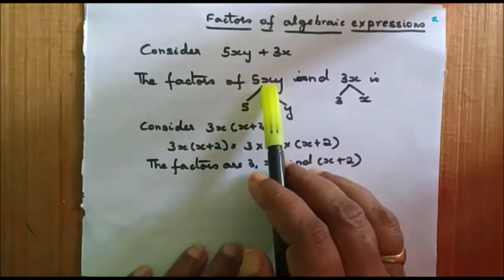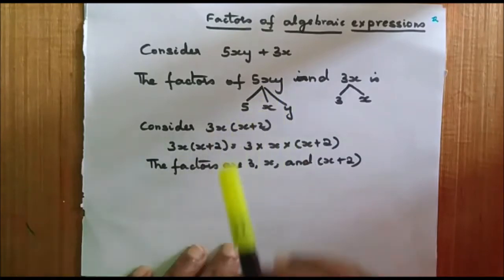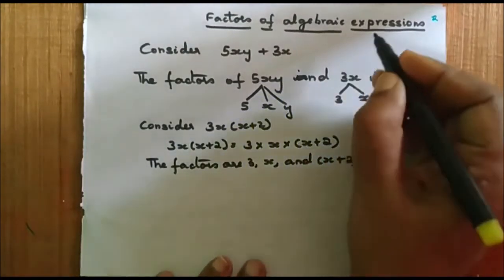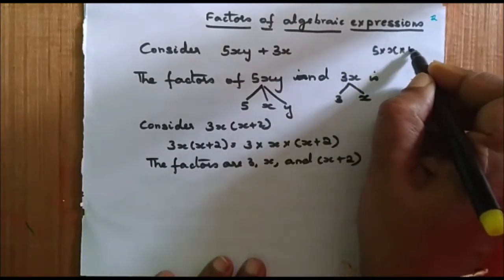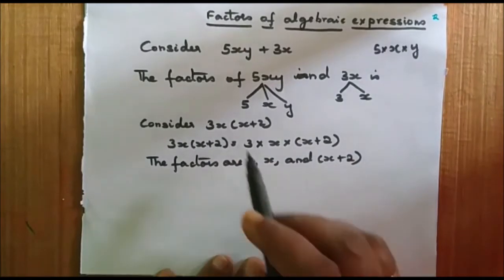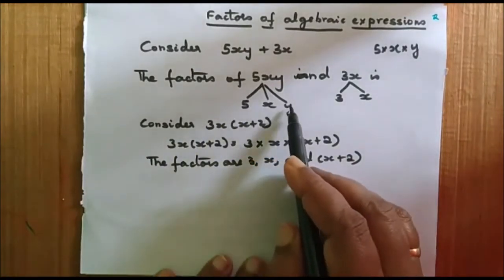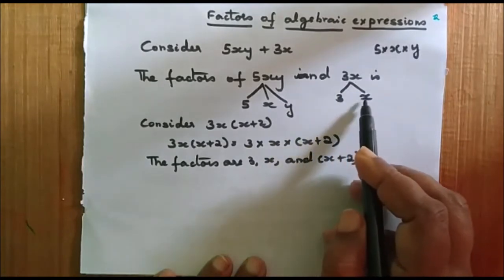The factors of 5xy are 5, x and y. What do you mean by 5xy? I mean 5 into x into y. So the factors of 5xy are 5, x and y.